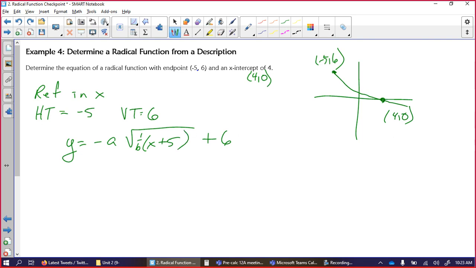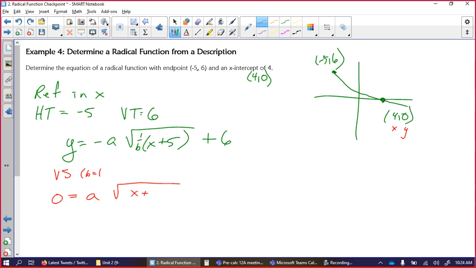Oh, sorry, bracket. Well, I only have 1 point. I don't know which one is really the easier one to solve. It doesn't really make a whole lot of difference. Let's treat it as a vertical stretch for fun. So my points are 0 equals a square root, if it's a vertical stretch, b is 1.